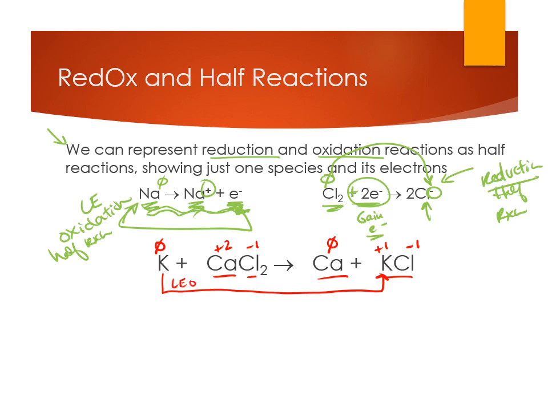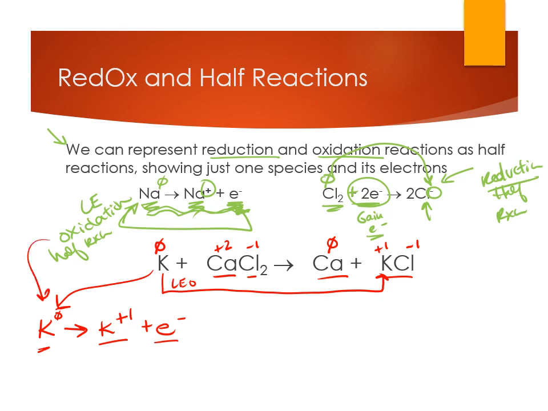It was oxidized. So to write our oxidation half reaction, I'm going to write that potassium went from potassium to potassium +1. And here's the electron that it lost. Potassium neutral went to potassium +1, and then the electron that that guy lost. This is our oxidation half reaction.